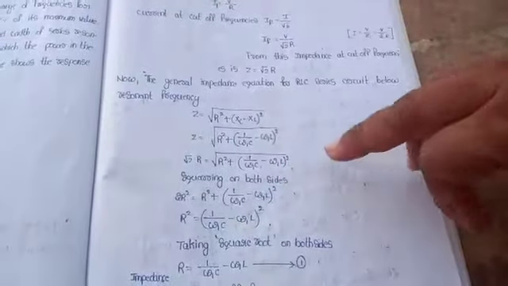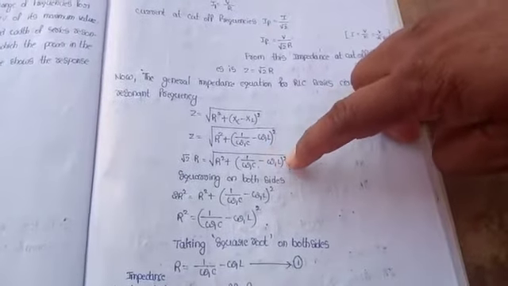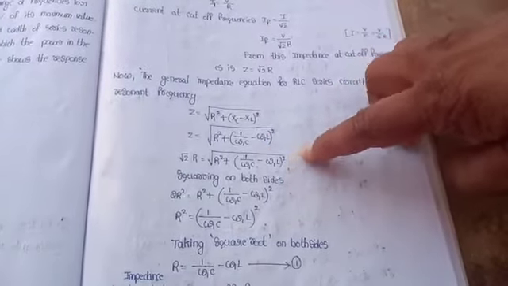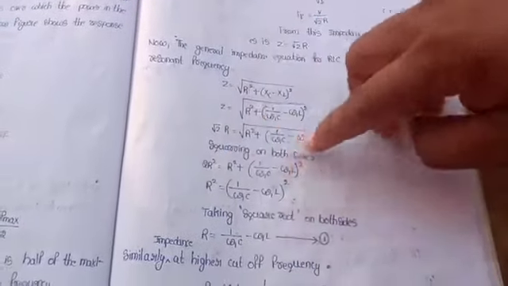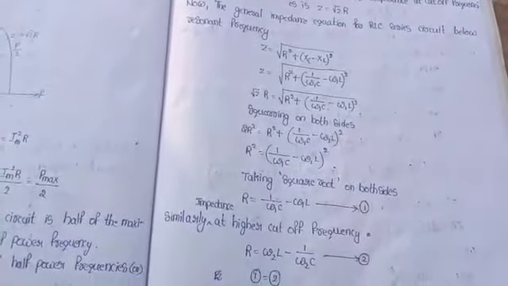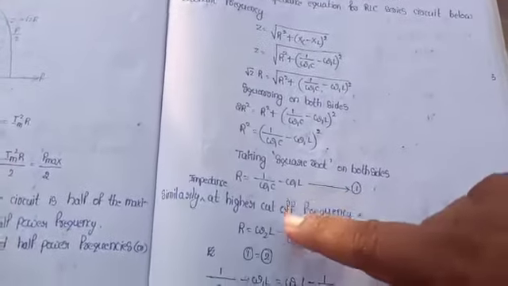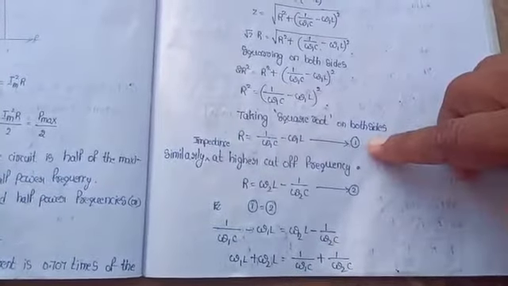Squaring on both sides, 2 R square is equal to R square plus (1 by omega 1 C minus omega 1 L) square. So 2 R square minus R square, that is R square, is equal to (1 by omega 1 C minus omega 1 L) square. Taking the square root on both sides, R is equal to 1 by omega 1 C minus omega 1 L. This is equation 1.